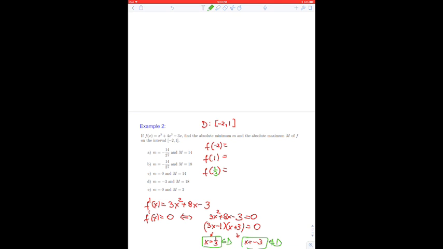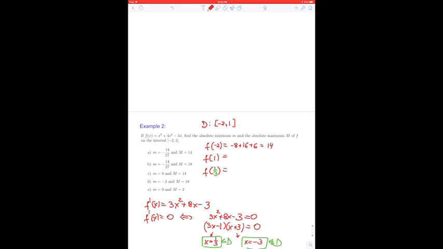Negative 2 cubed is negative 8. Maybe I can use the red color. It's negative 8 plus 4 times 4, it's 16. Negative 3 times negative 2 is positive 6. 16 and negative 8 is 8. 8 plus 6 is 14.